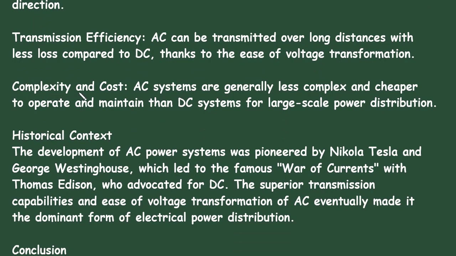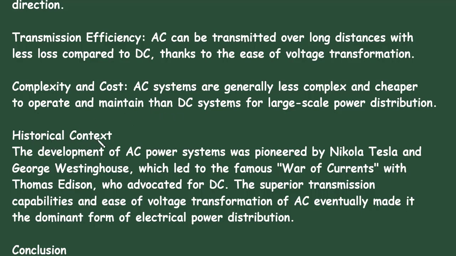Then complexity and cost: AC systems are generally less complex and cheaper to operate and maintain than DC systems for large scale power distribution. We know that AC is cheaper than DC.